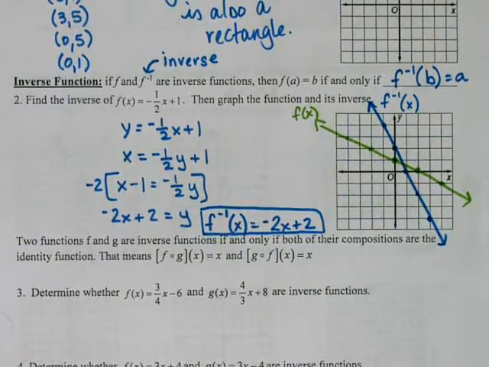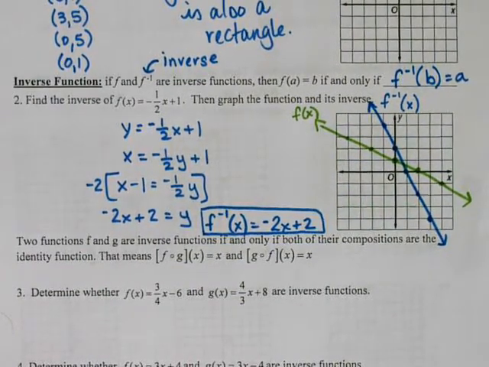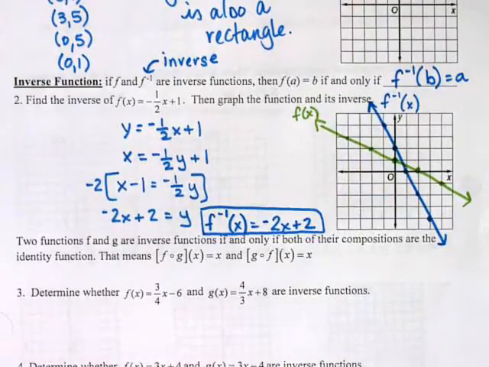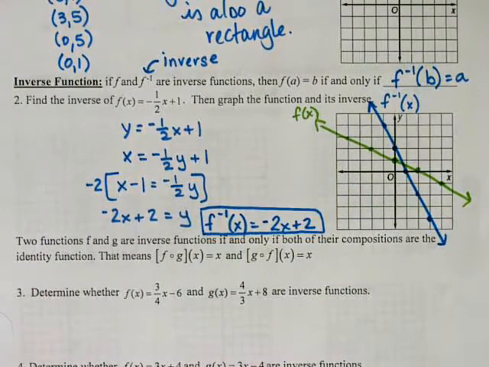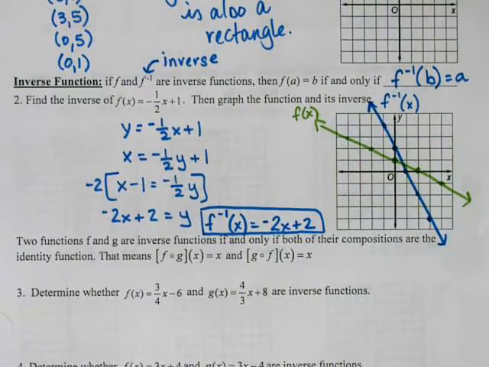Now, essentially, what we're doing is reflecting that line across the line y equals x. I need a different color. Here we go. Nope, that's blue. That doesn't work. Let's try pink. Here we go.